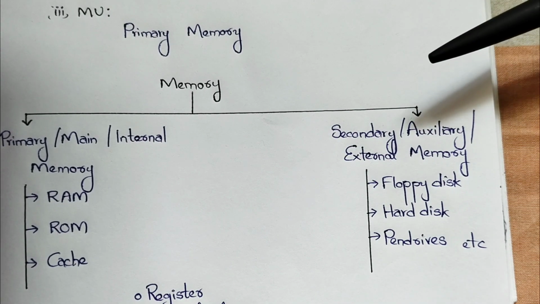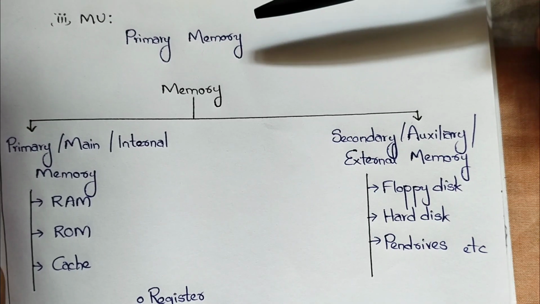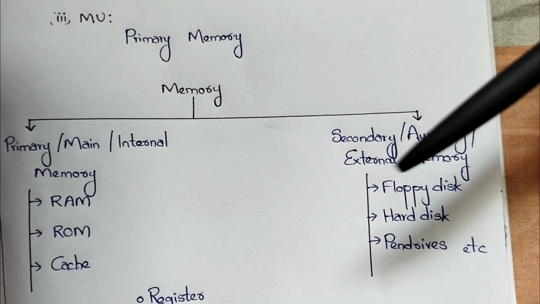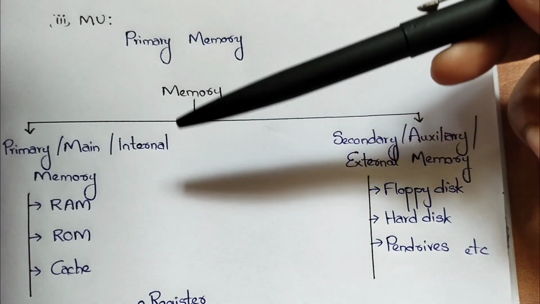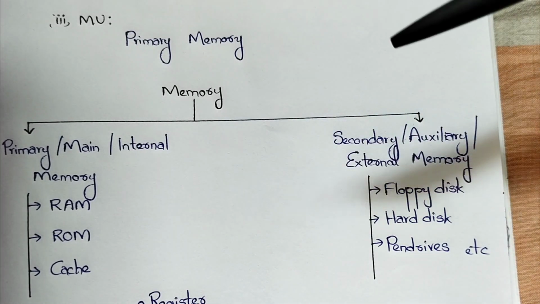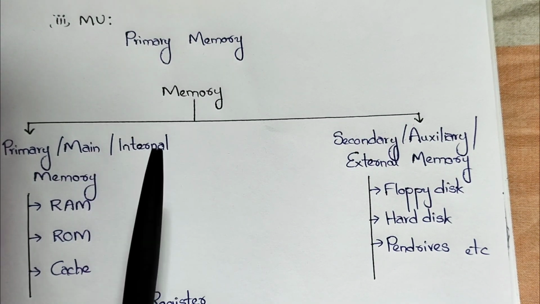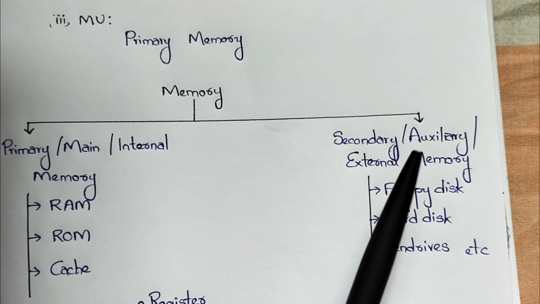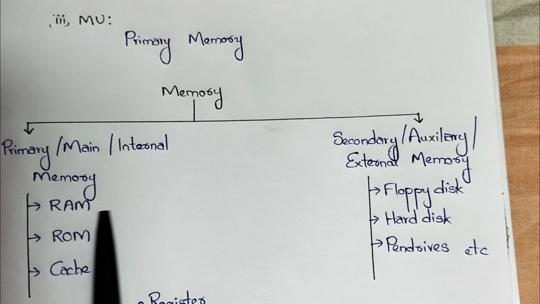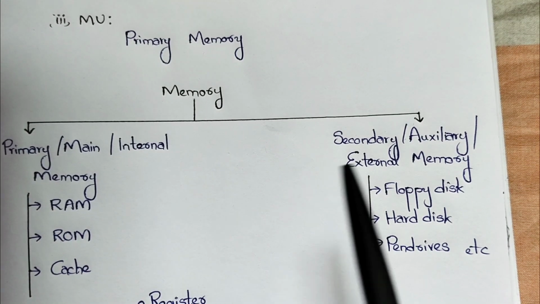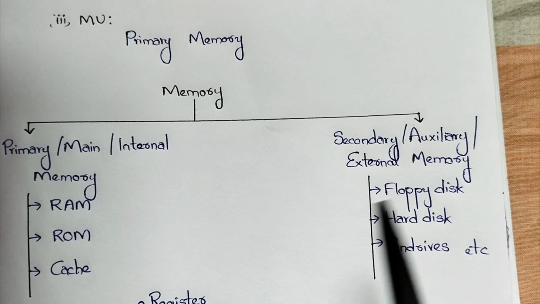And another thing is, only primary memory is considered as memory unit but not secondary memory. Memory is of two types, primary memory and secondary memory. Primary memory is also called as main memory, internal memory. Secondary memory is auxiliary memory or external memory. These are the examples of primary memory and these are the examples of secondary memory.